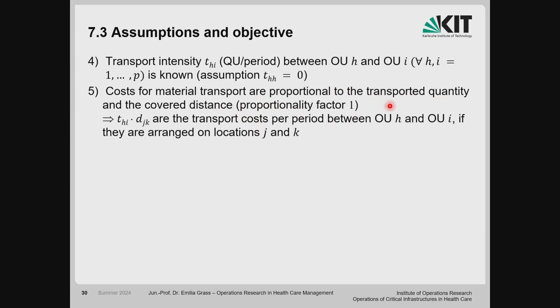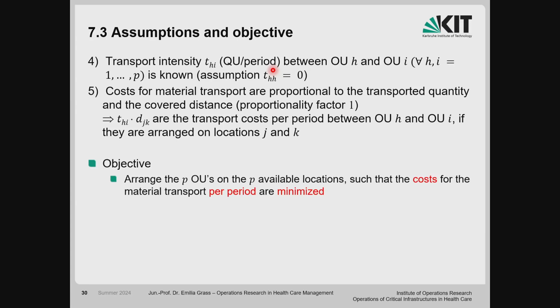So if unit h is assigned to room 1 and unit i is assigned to room 2, then we have these costs in between. Okay. And the objective is to minimize the costs, so the transport costs basically between the different units.